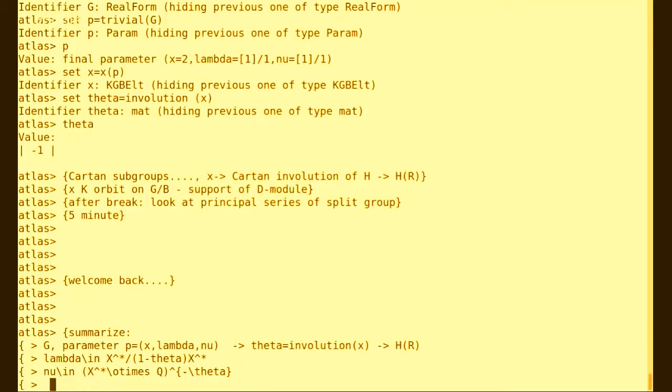All together, that gives you a character of H of R with differential (1 plus theta) lambda over 2 plus nu. And that gives you a representation.